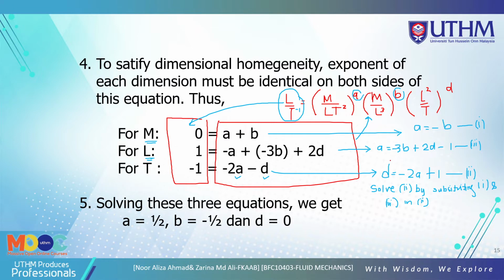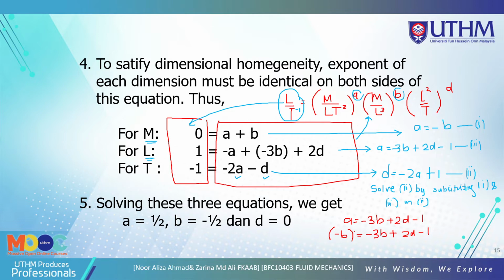So the A is equal to negative 3B plus 2D minus 1. Just put the A is negative B, so you get negative 3B plus 2D and minus 1. You just put the D also to A here.